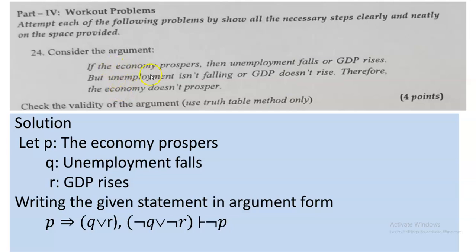In between there is P, so P is used directly. Here, unemployment falls or GDP rises: unemployment falls is directly Q and GDP rises is R. So this directly comes like this. Now unemployment is not falling, so negation Q follows, or disjunction, and GDP doesn't rise, negation R follows. Therefore, as a result, the final one: the economy doesn't prosper, that is to say, negation of P.